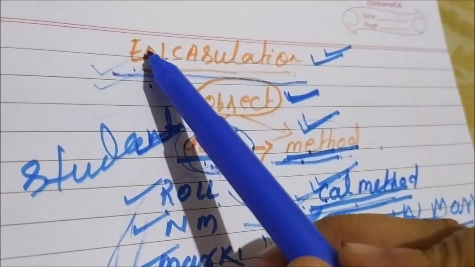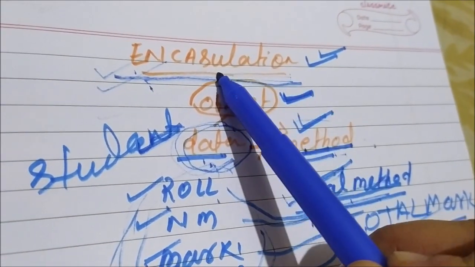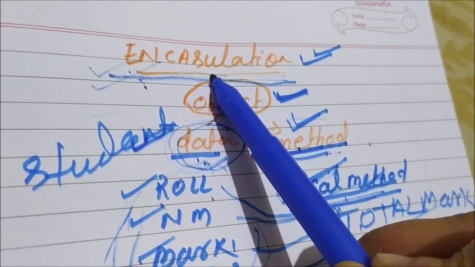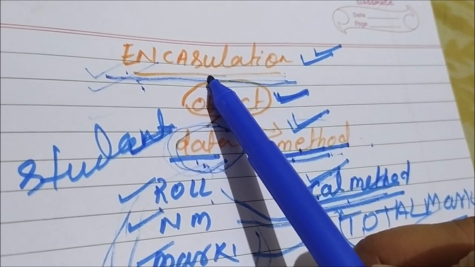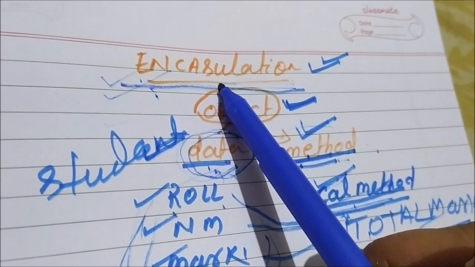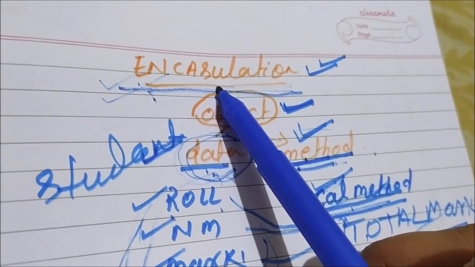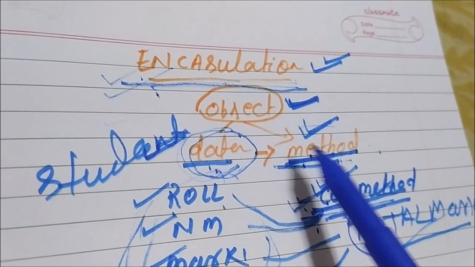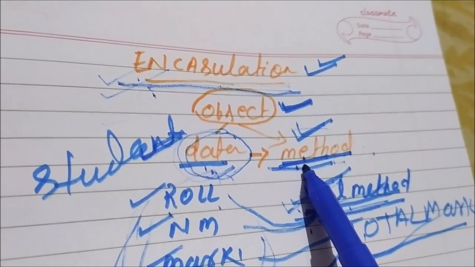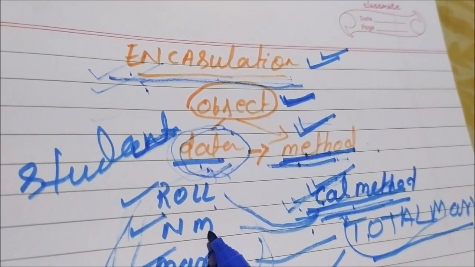Now see what encapsulation means and how encapsulation works here. What is the meaning of this principle? Encapsulation is the technique of binding both the data and the functions or methods together and keeping them safe inside a container, that is nothing but the class, to prevent unauthorized access and misuse.